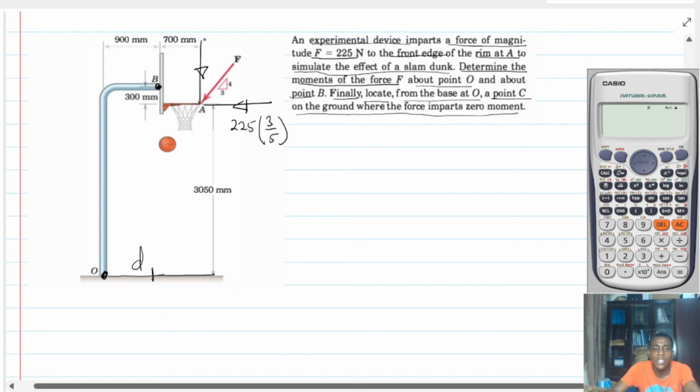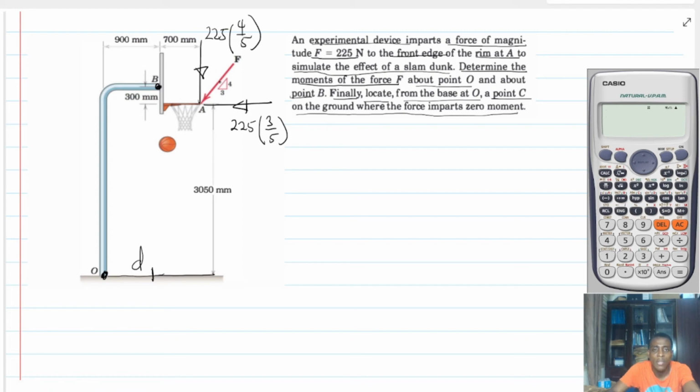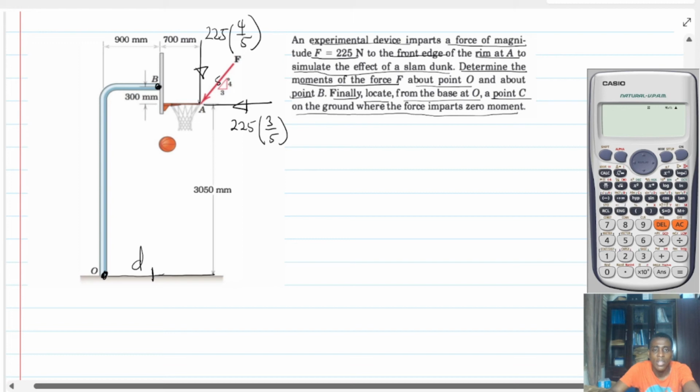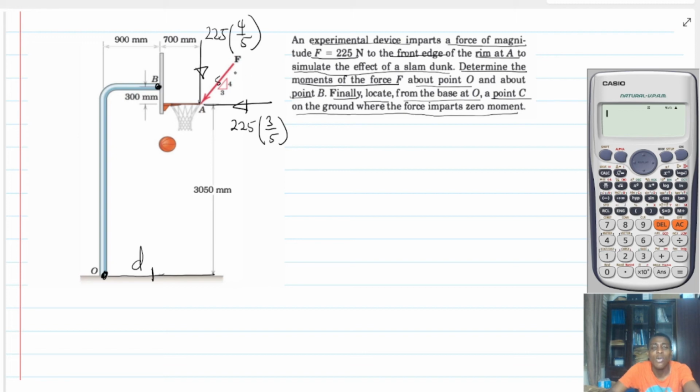And the vertical component is going to be 225, that is 4 on 5. Now, someone will ask, where is the 5 coming from? The small triangle will have a magnitude of what? 5. This is 3, this is 4, so this must be 5. Pythagorean triples. Therefore, if I have a triangle on a force, I can resolve it using that method.